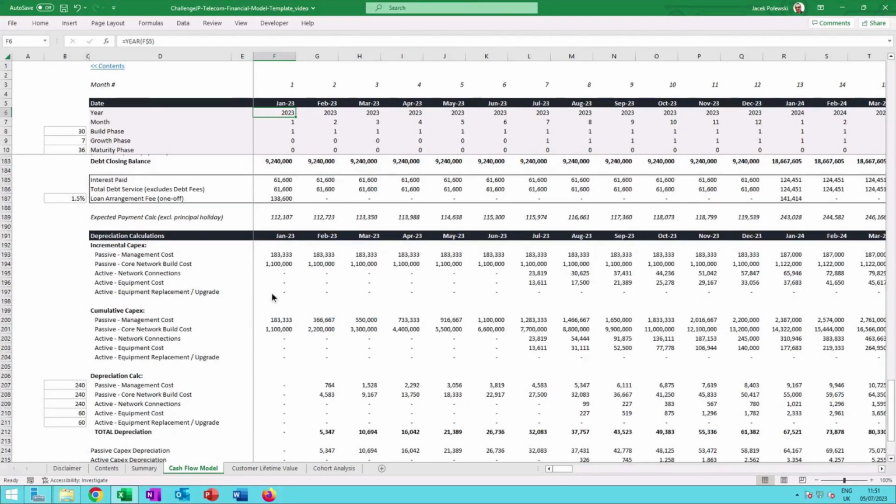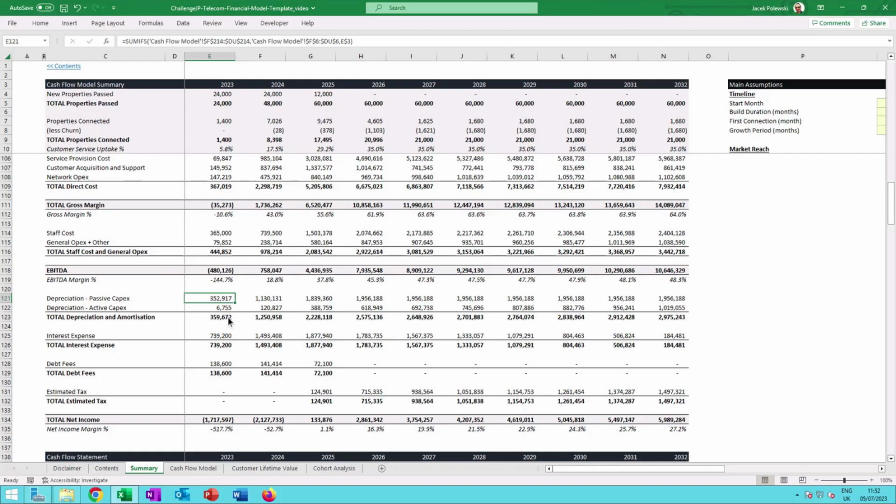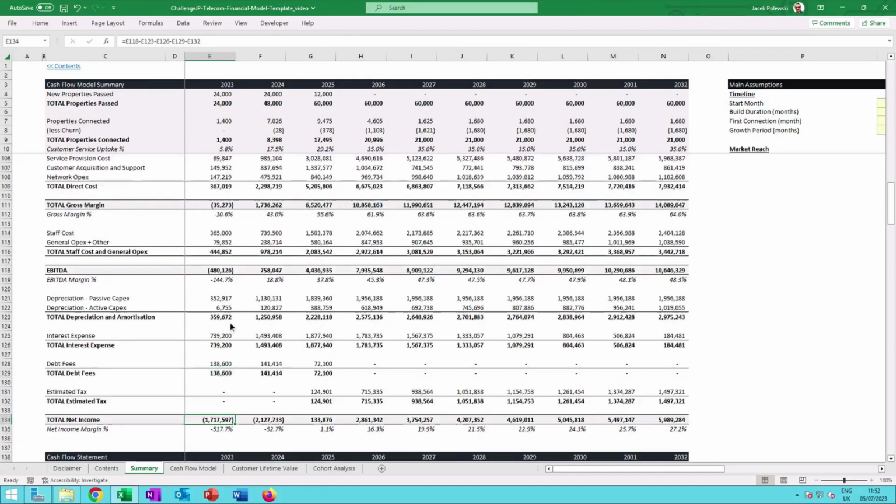So you'll see that here I have a bit more estimates, a bit more calculations related to your Capex expenditures with different assumptions for the lifetime of different assets. And all those adjustments here, also interest and debt fees, taxes, then allow you to calculate your net income in your profit and loss statement.